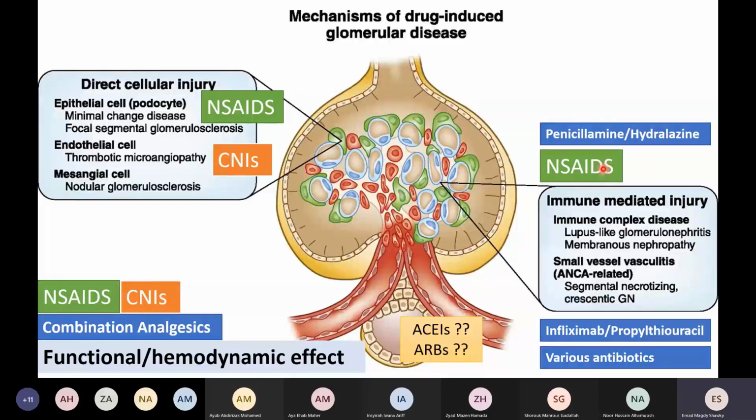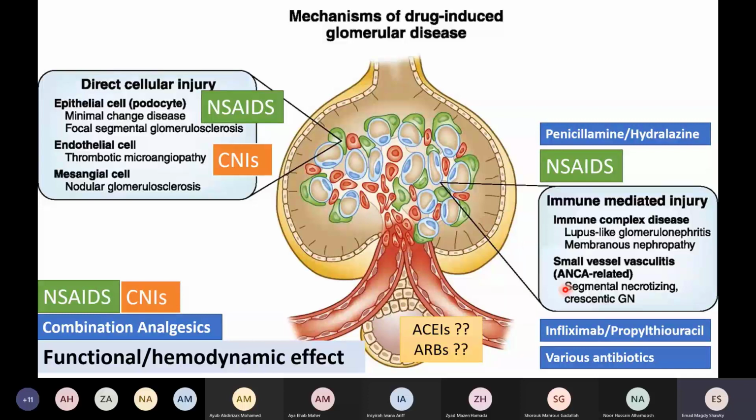The small vessel vasculitis: if you consider that all these capillaries are prone to necrosis or inflammatory cell infiltrate, sure, the patient will come with renal failure. Why?